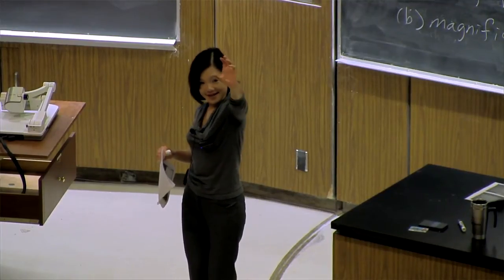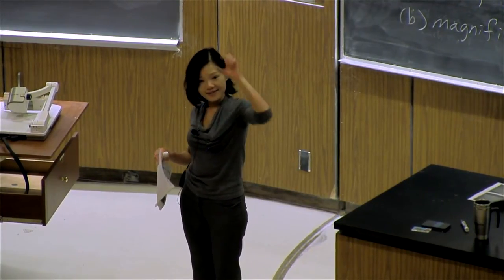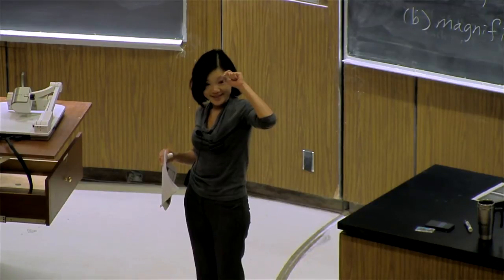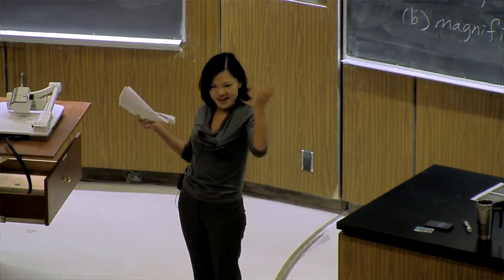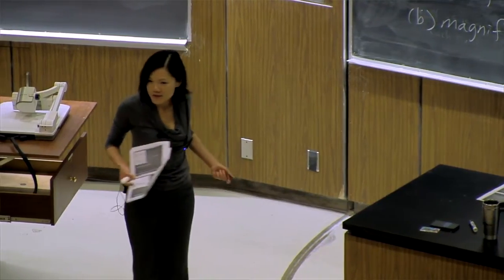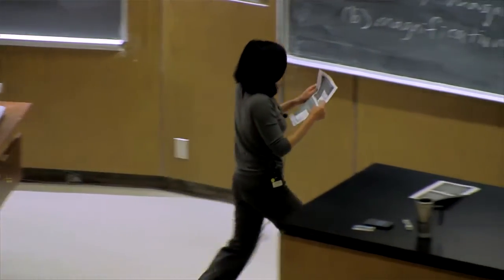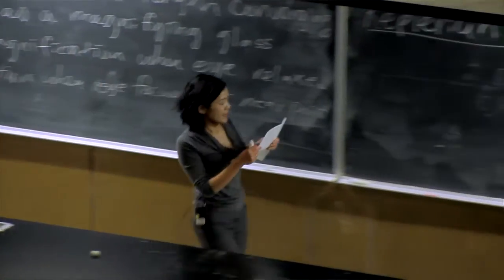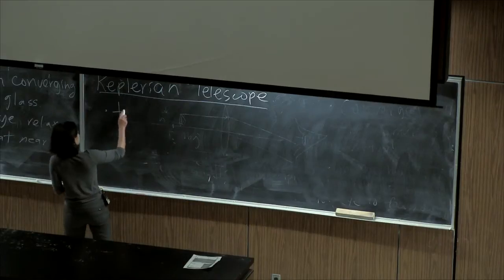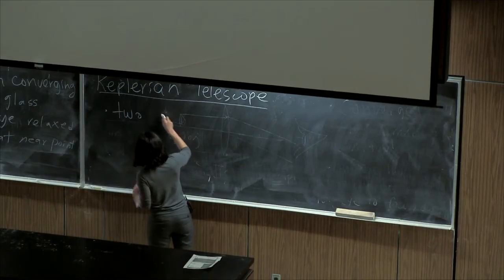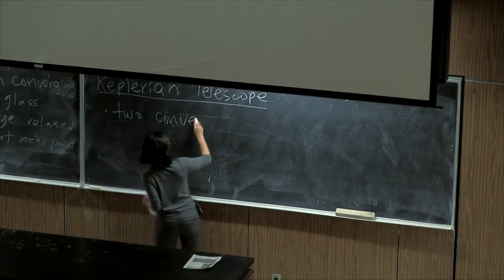One is the objective lens, and the other is the eyepiece, right? That's basically what it looks like if you just take a telescope randomly from the store. So it consists of two convergent lenses.